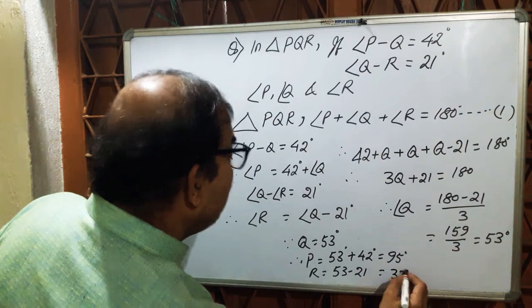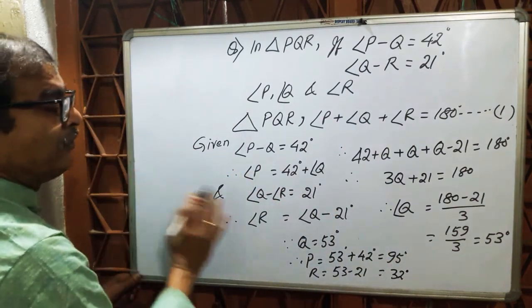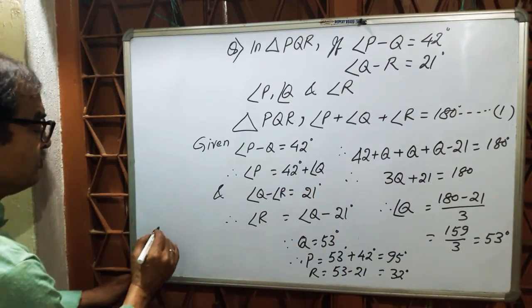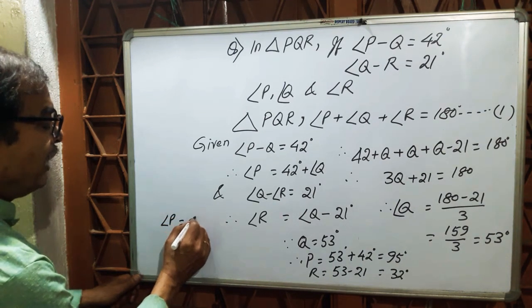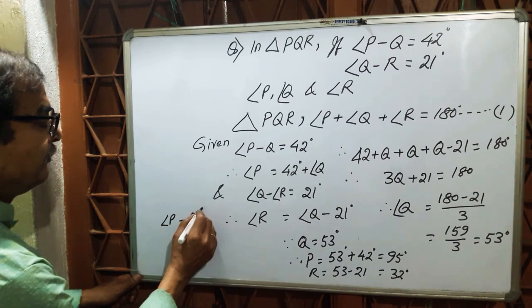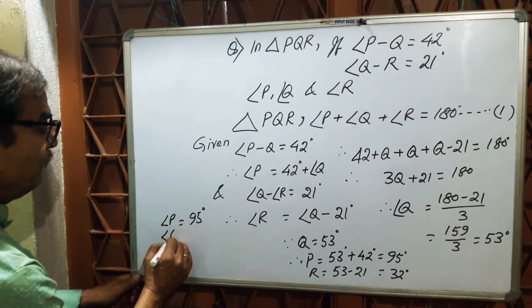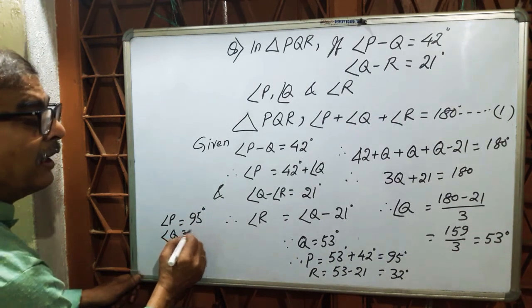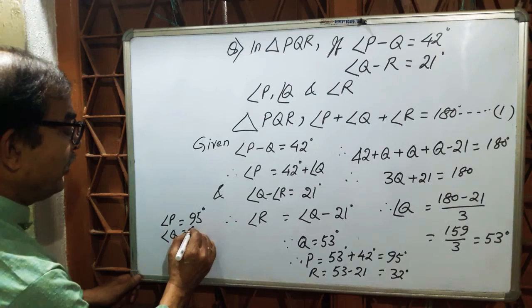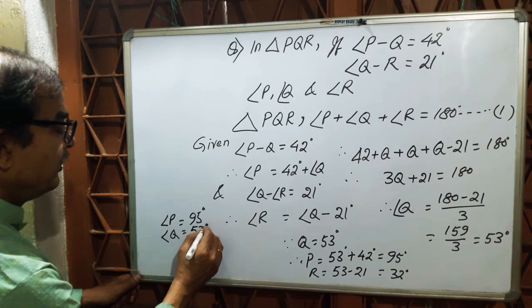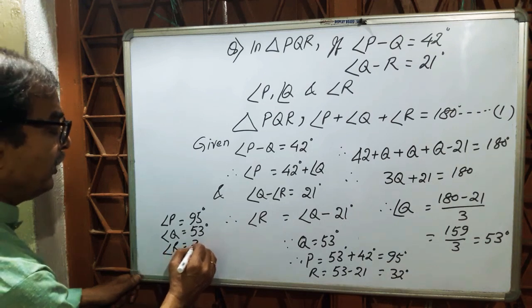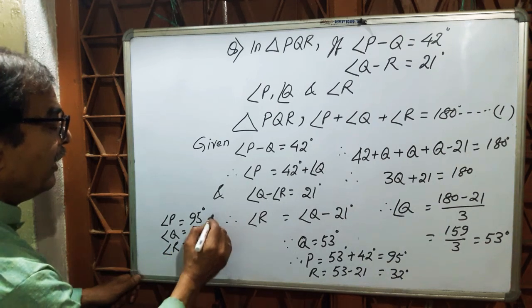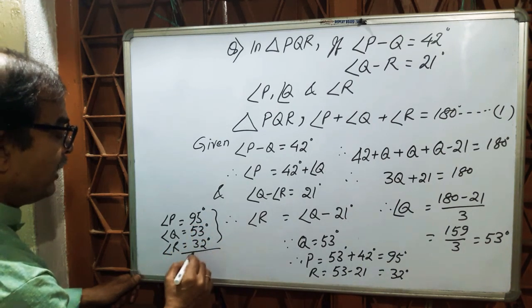Now you put this value according to this question, I have solved this question. Angle P equal to 95 degree, angle Q equal to 53 degree, angle R equal to 32 degree. So total is 180 degree.